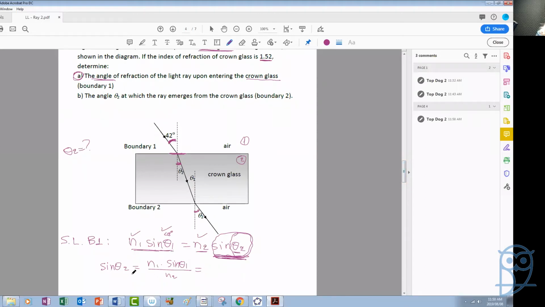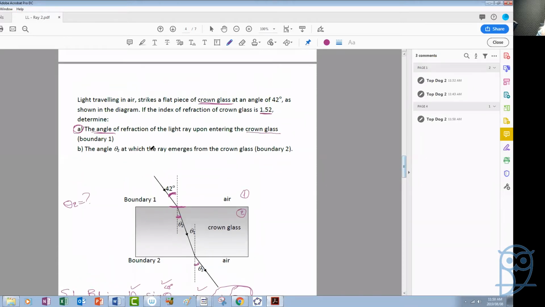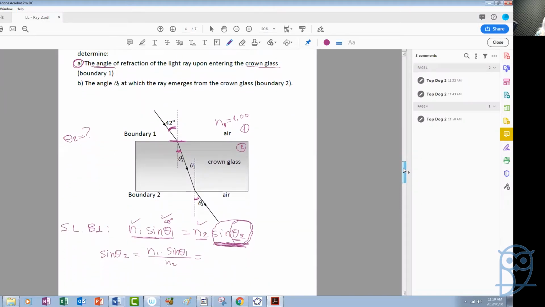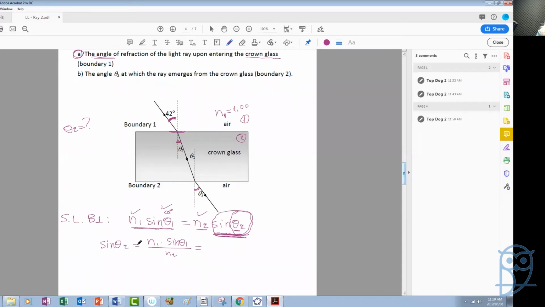Okay, so sine θ2 now, what is this now? N1 is the index of refraction of air. You remember, which we take as 1. The index of refraction of air is 1. We can use even significant figures if we want. So this is 1.0.